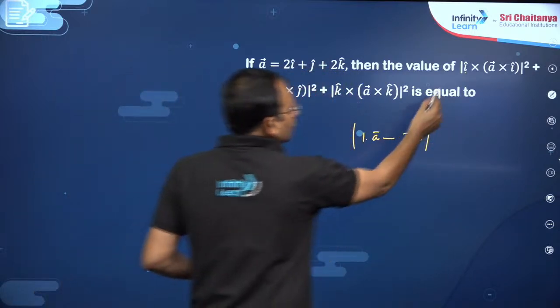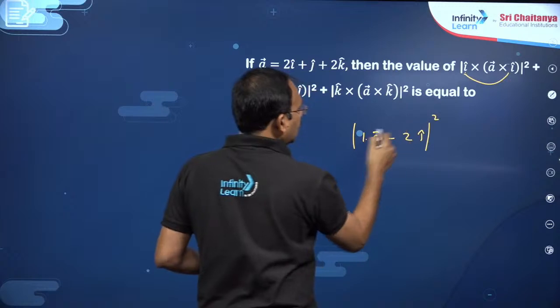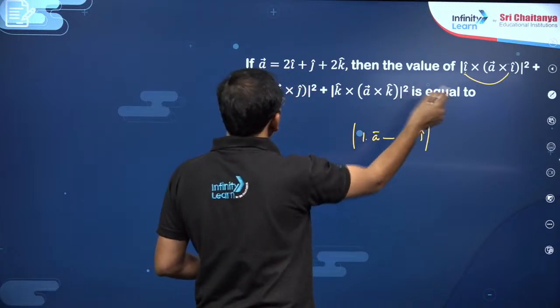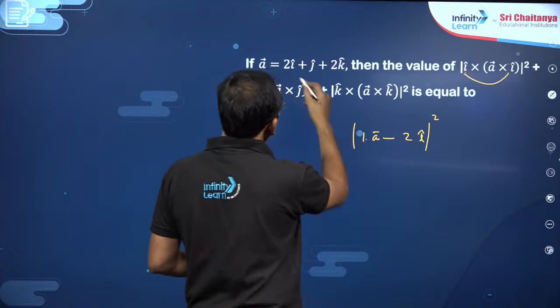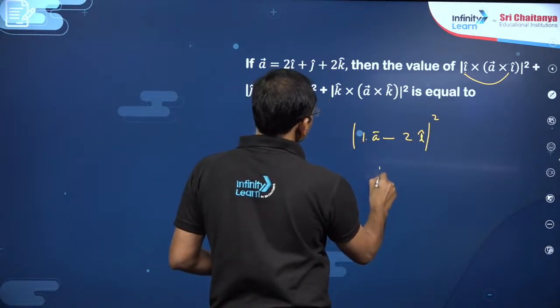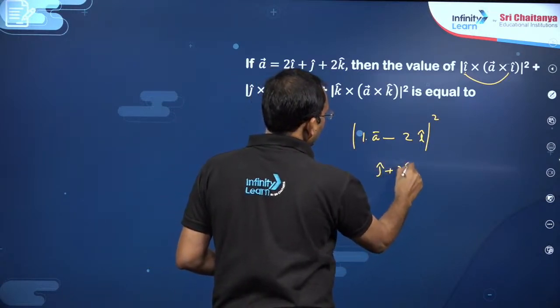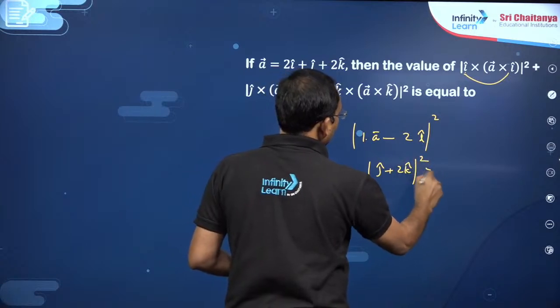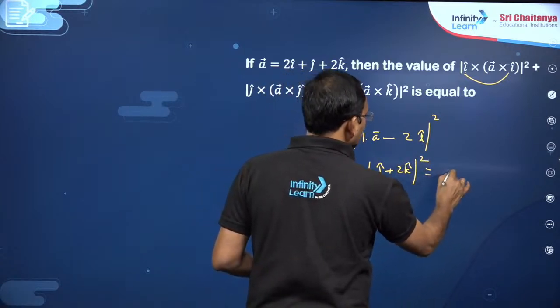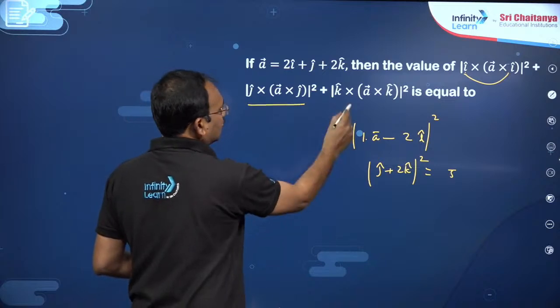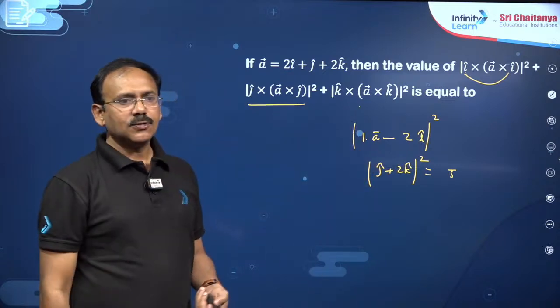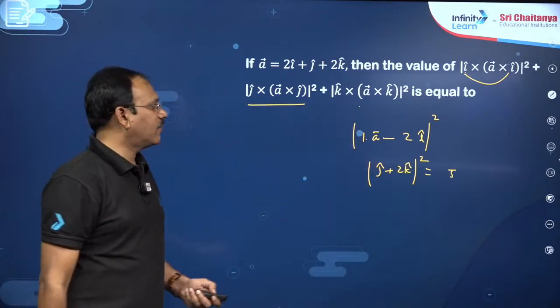So, A bar minus 2I cap will become J cap plus 2K cap, magnitude square, which is root of 2 square plus 1, which is 5. In the same way you will get here, just simplify. So, just apply the definition, my dear friends.